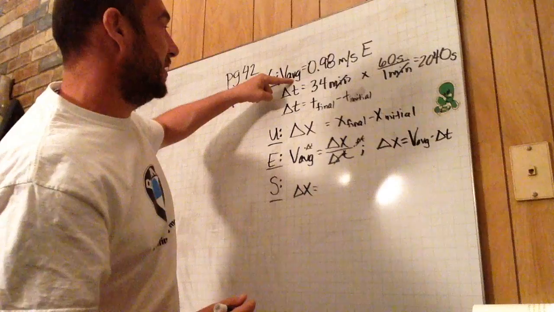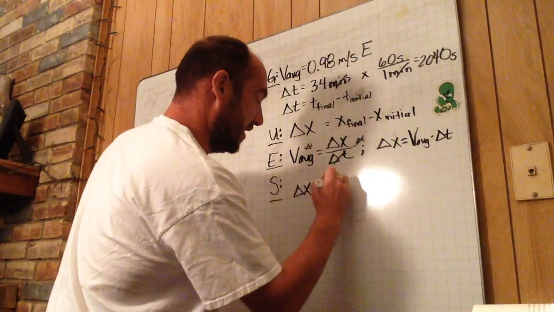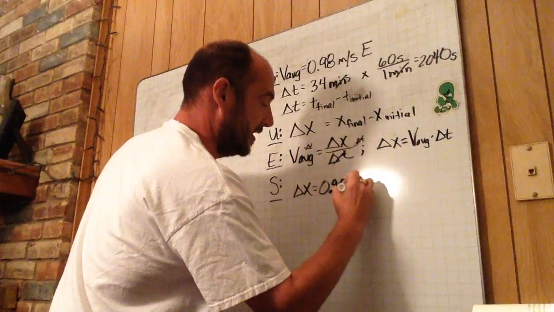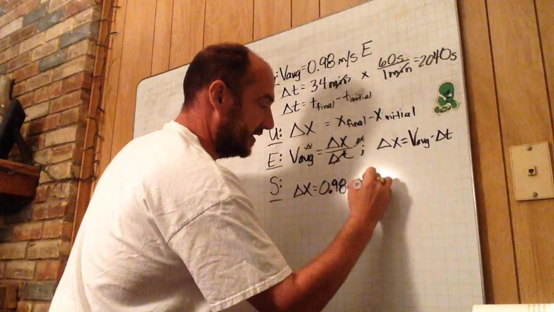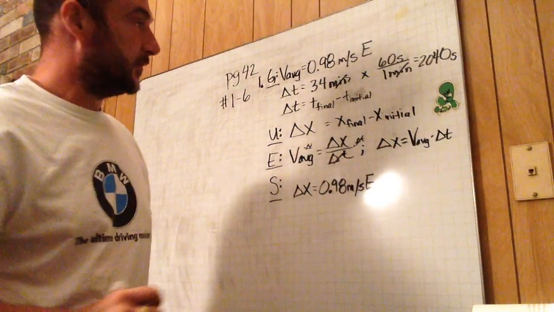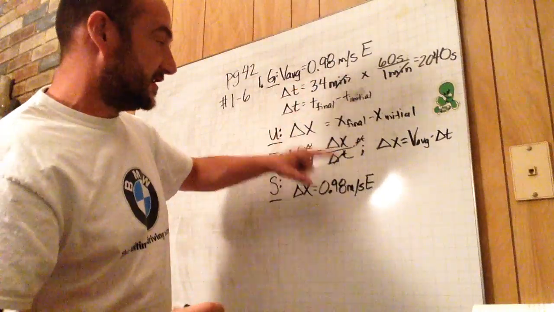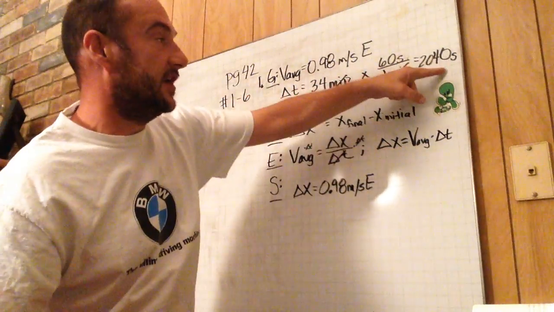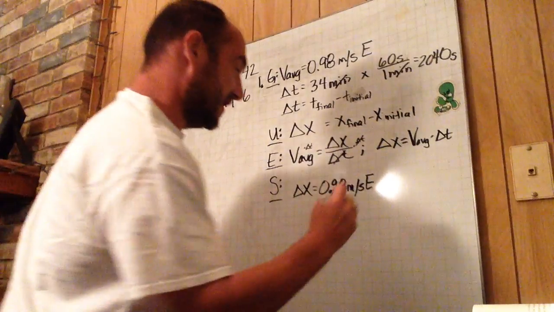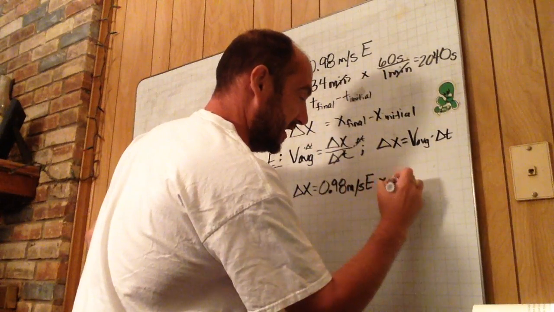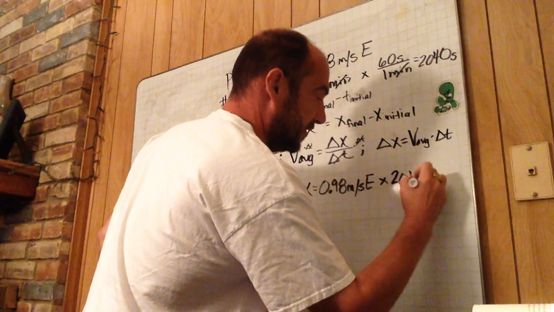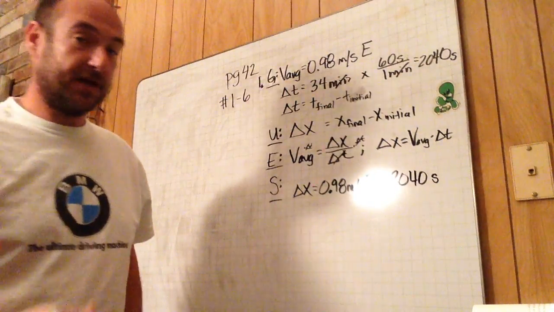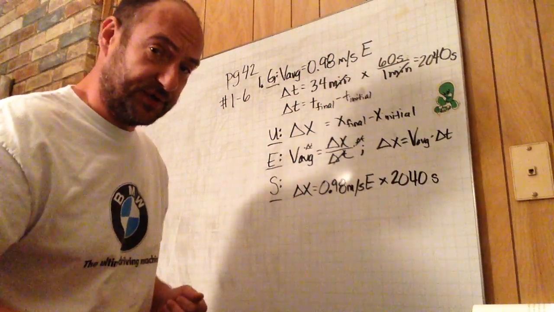Well, up here we have V average at 0.98 meters per second eastward. And it says times delta t. So delta t we found to be 2,040 seconds. So times 2040 seconds.